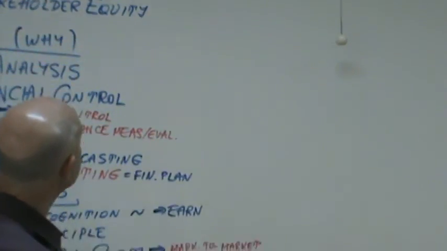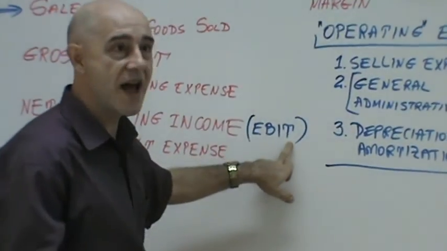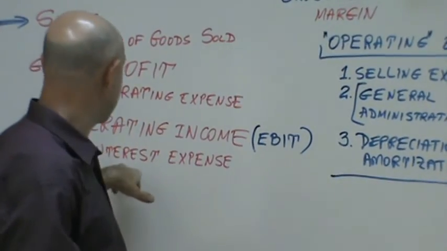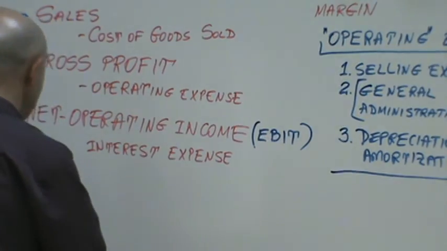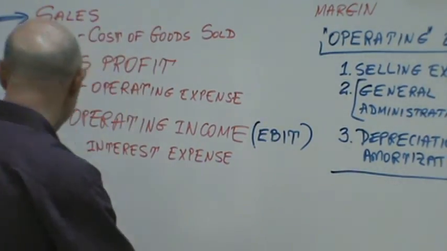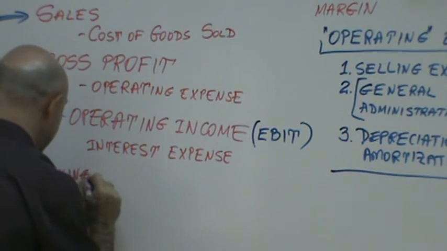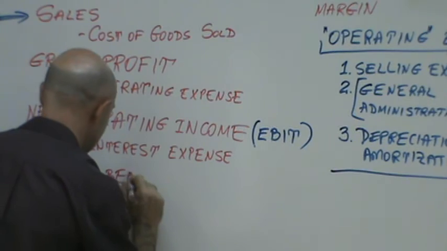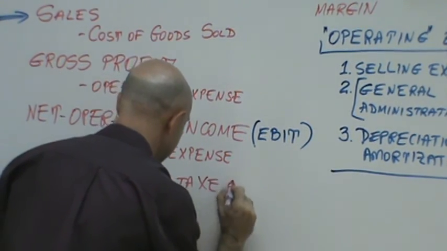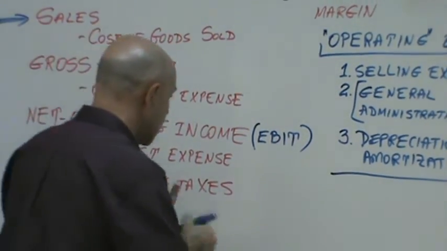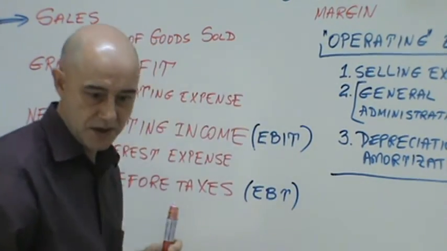So this thing here, EBIT, is earnings before interest and taxes. Now you take out the interest and it becomes earnings before taxes. Call this earnings before taxes.